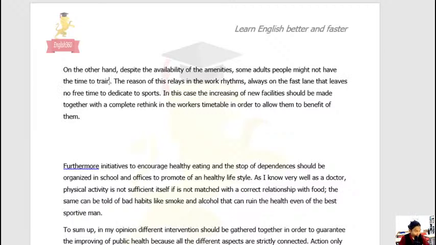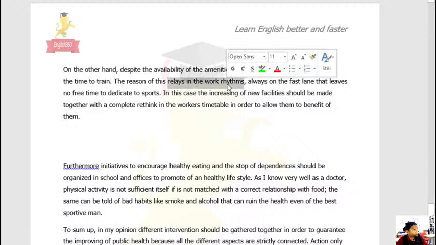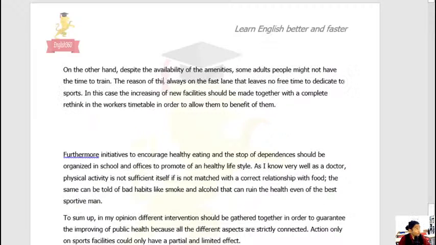What's wrong with that? The reason of this relays? I don't know what that means. No idea. Oh, I think I know what she means. The reason for the reason, we don't need to say why, what reason, because we already talked about it in the line before.